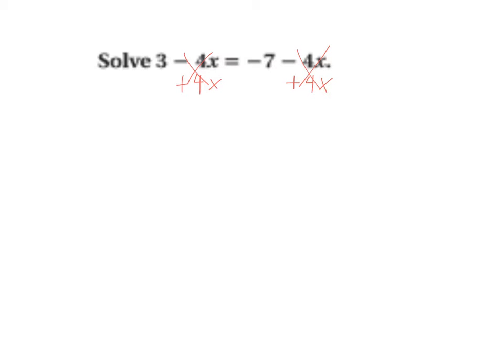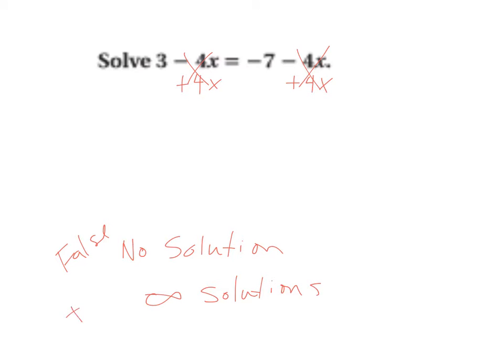Now, my only options are no solution, and remember, no solution is if it's false, and infinite solutions if it's true. So what are we left with? We have 3 equals negative 7. Is 3 equals negative 7 true? No, that's false. So our answer is no solution.